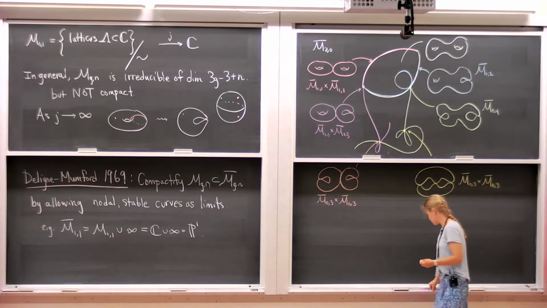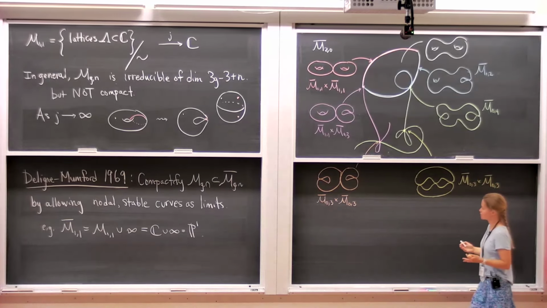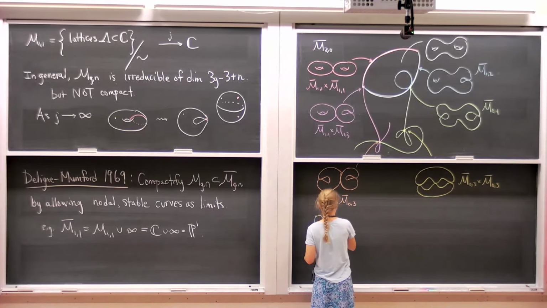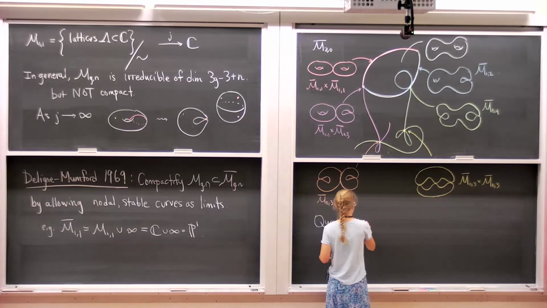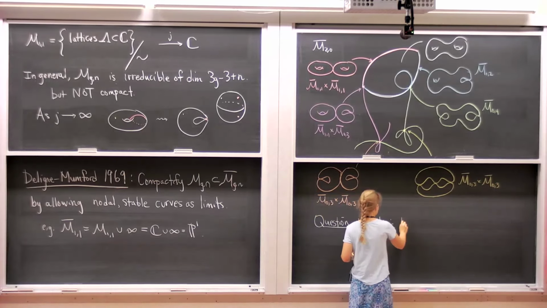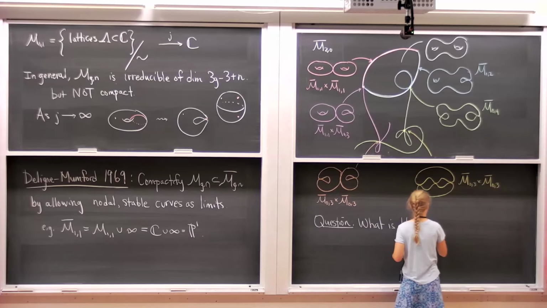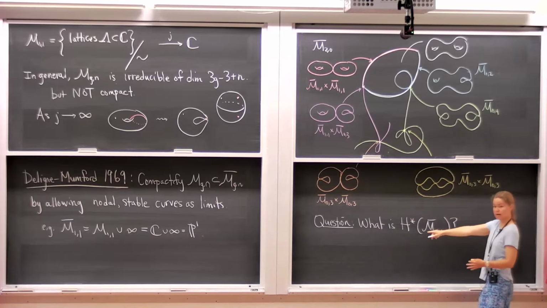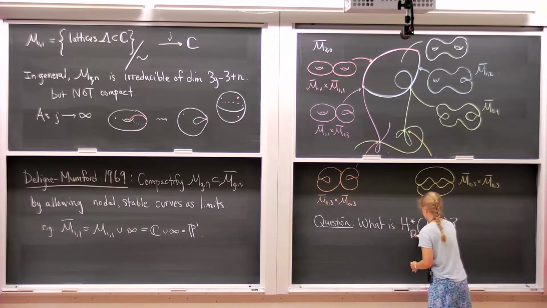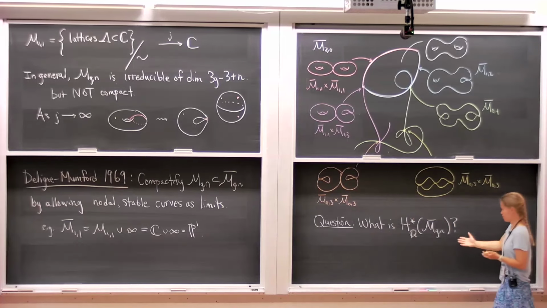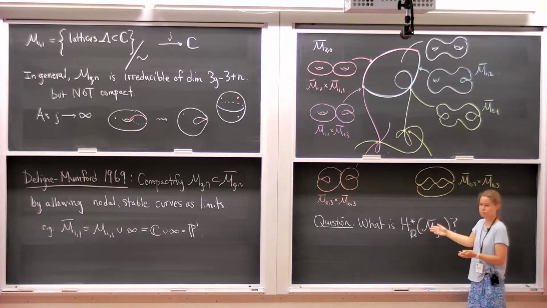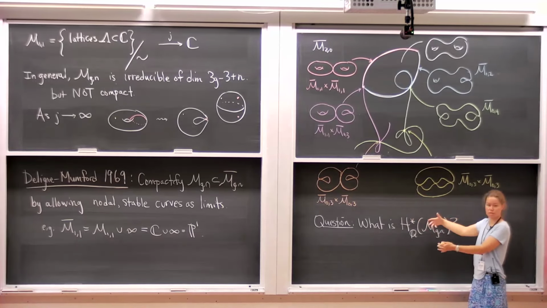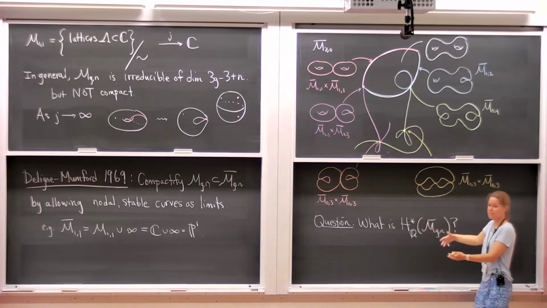And so what I want to turn to next is the following question: what is the cohomology of M_{g,n} bar? And I'm going to ask this with rational coefficients, and here I mean singular cohomology. So you should just think of this as some measure of how non-trivial a topological space we have.